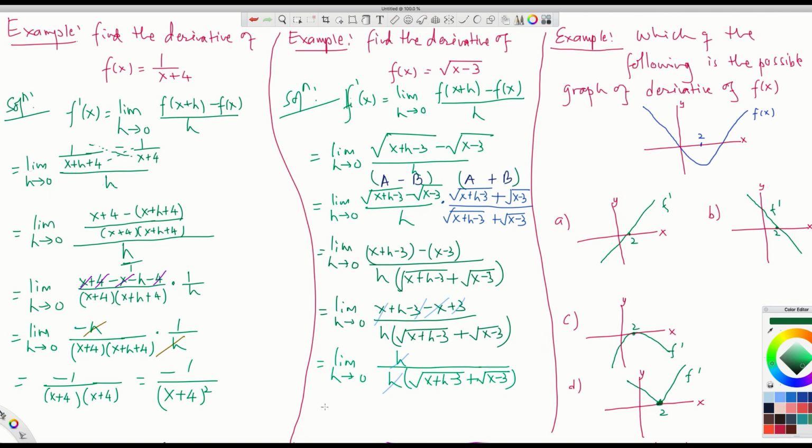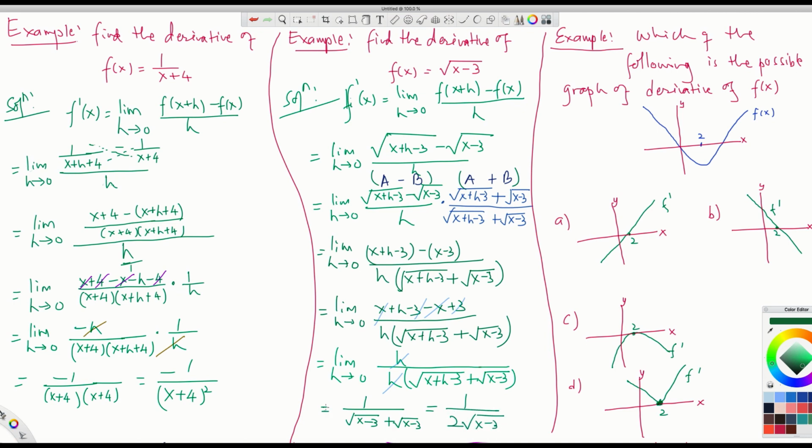So what is left will be 1 divided by root of x minus 3, not x plus h, x minus 3, and then plus root of x minus 3, right? So how many x minus 3 are there in the bottom? There are 2, right? So 1 over 2 root of x minus 3.